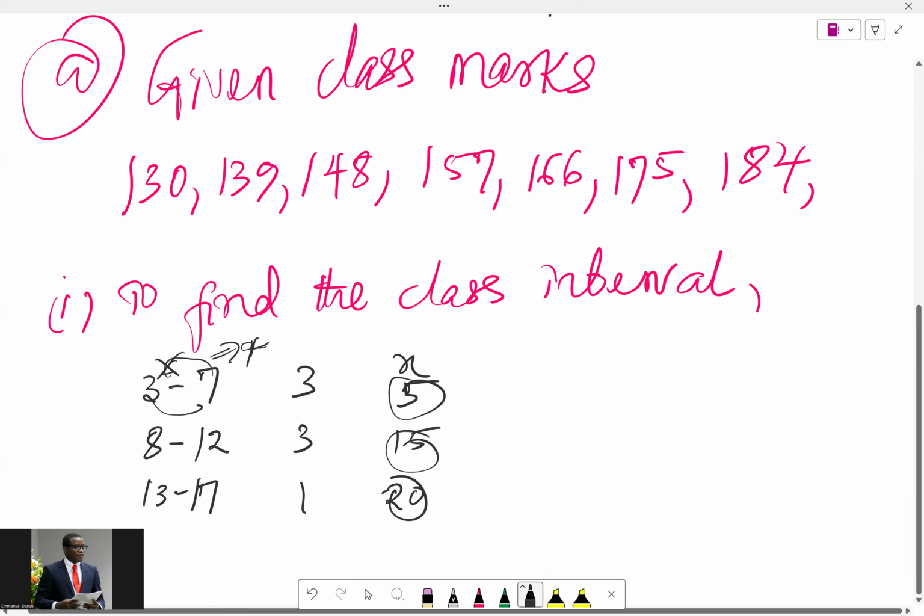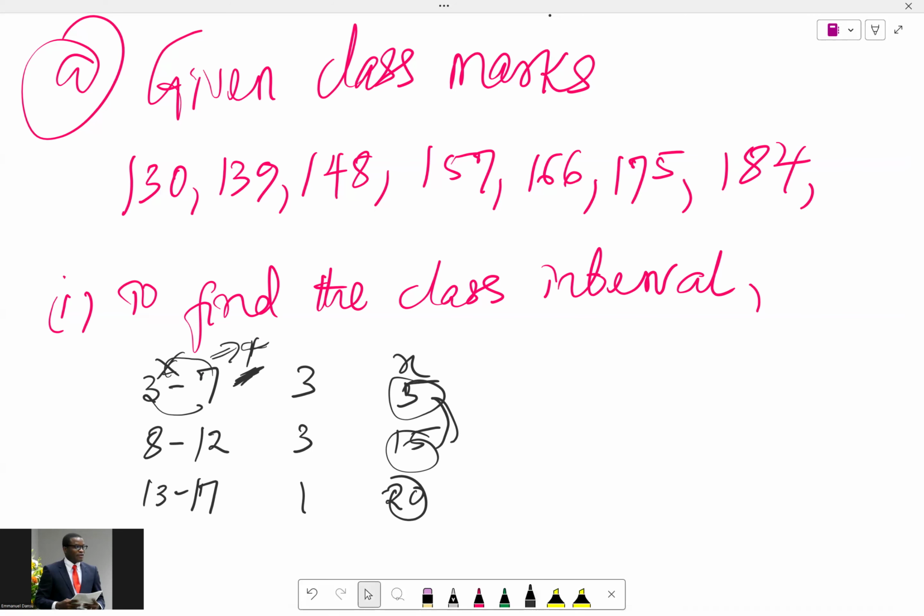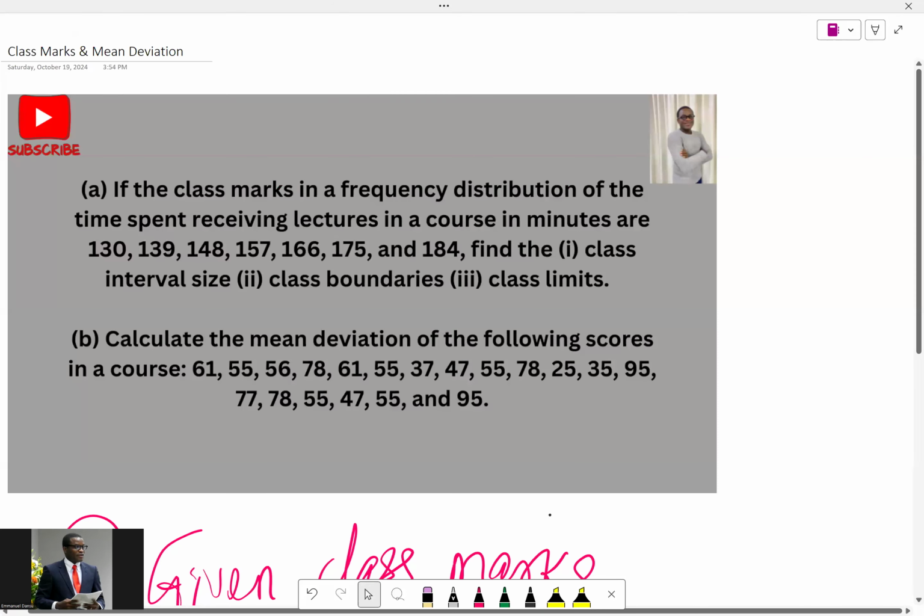So the class interval you're going to derive from the class marks. What's the first question again? Class interval size, yes.